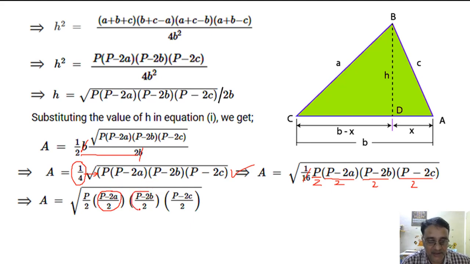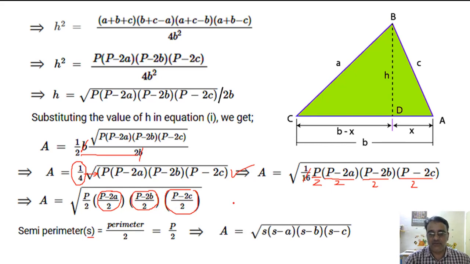If you split this one, you will get p by 2 minus b. If you split this one, you will get p by 2 minus c. And p by 2 is the semi-perimeter, and we will replace it by s. So this becomes s into s minus a into s minus b into s minus c. So this is the derivation of the formula.